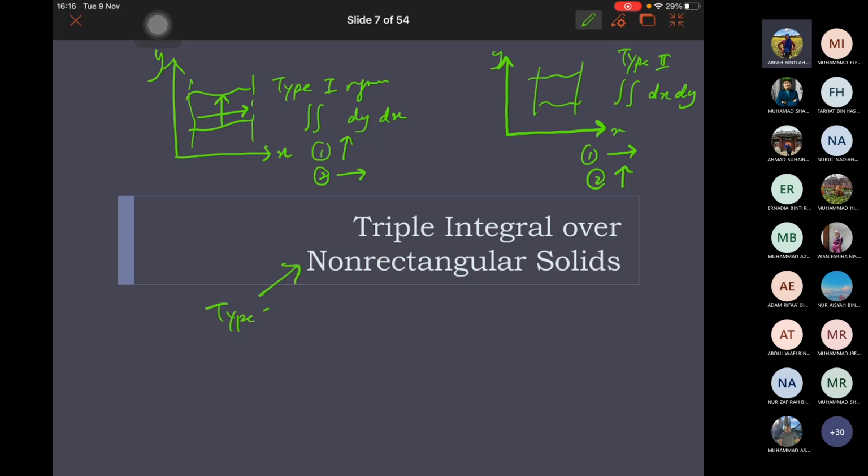Kita akan ada type 1, type 2 dan juga type 3 region. Okay. Nak tentukan dia punya R region.